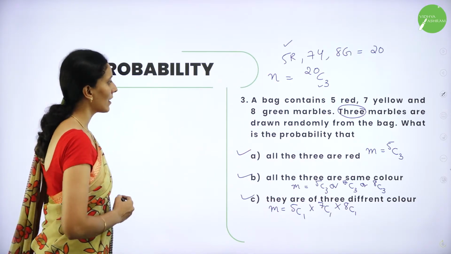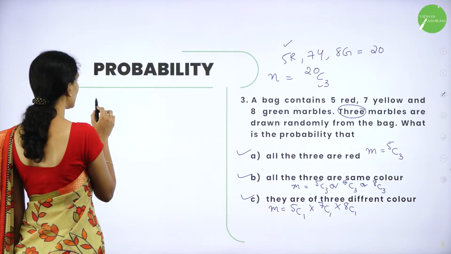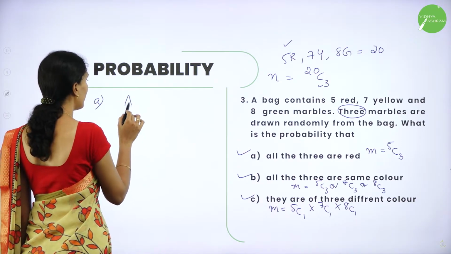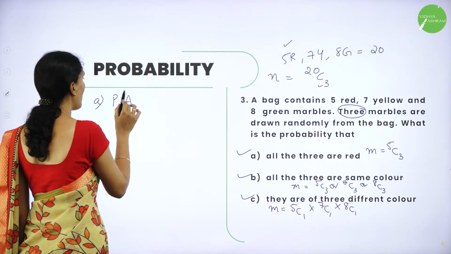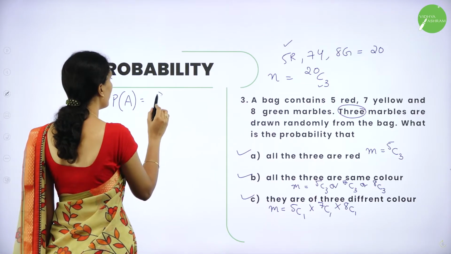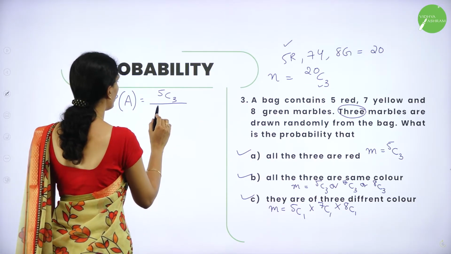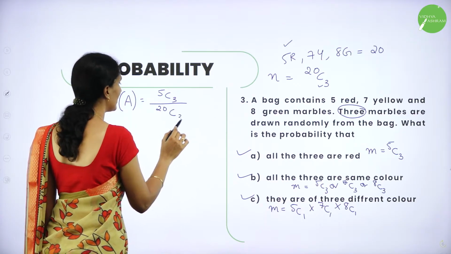So let me calculate the probability of each case. My first case, I'll take it as event A. So the probability of the first event is 5C3 divided by 20C3.